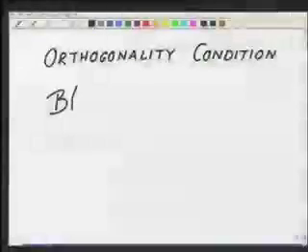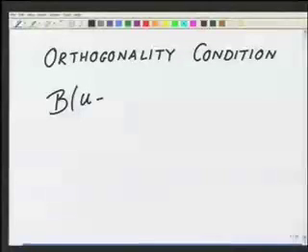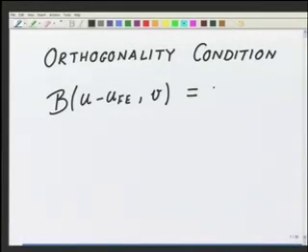We got (u - u_fe, v) is equal to 0 for all v's given by this representation.